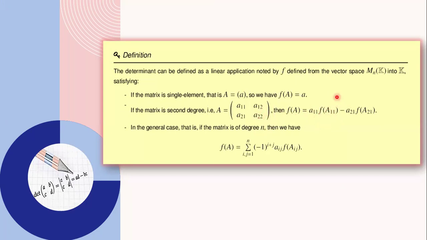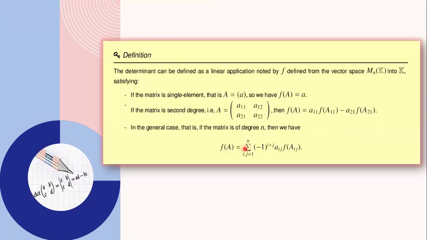So the image of this matrix under F is the element itself. And same thing here, A21, we obtain it by removing the second row and the first column, we obtain A12. And the image of the matrix that has only this element is A12 itself.